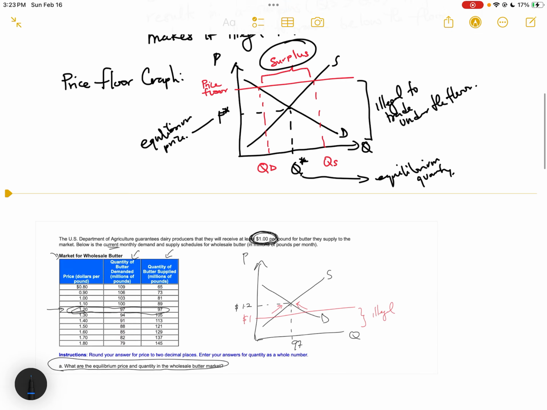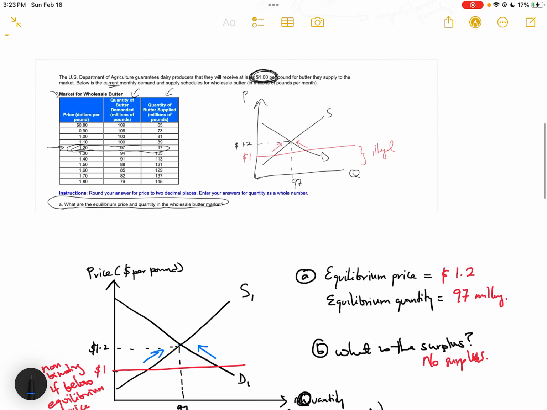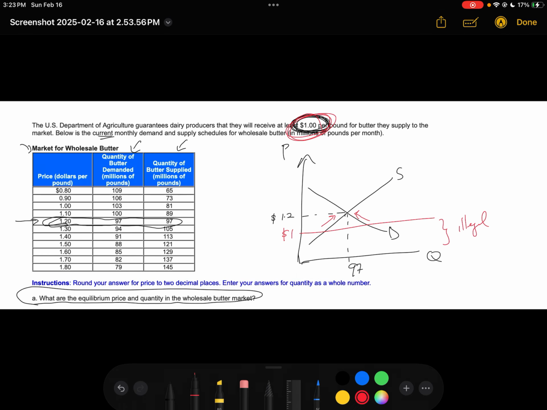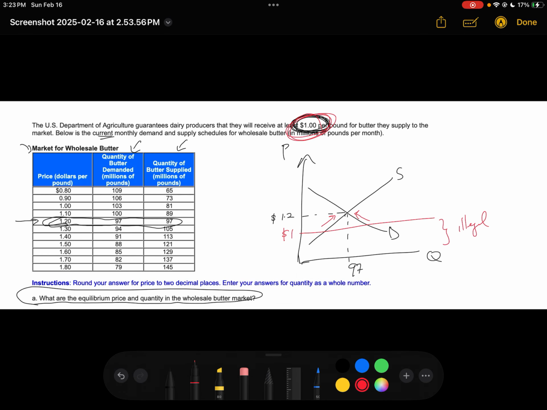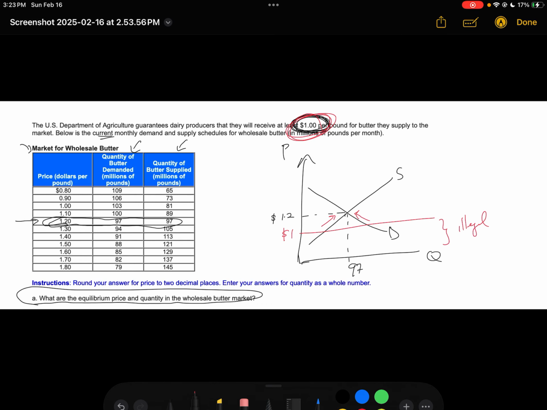So then we come to this first part where we have this question. Our price floor was $1, and we were supposed to find the initial equilibrium and apply that $1 and see where it falls and figure out if it is binding. And look at all the work we did. It's not binding. The market just readjusted back to equilibrium because the floor was put below the equilibrium price instead of above it.